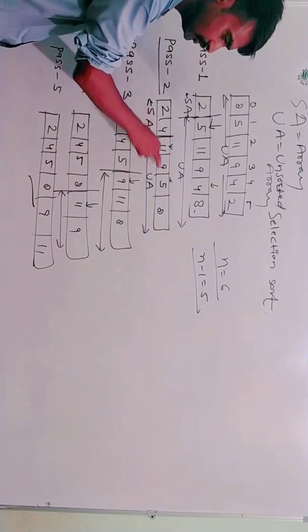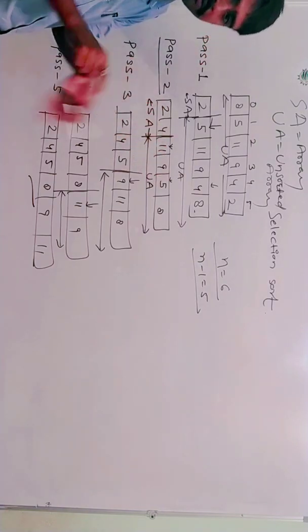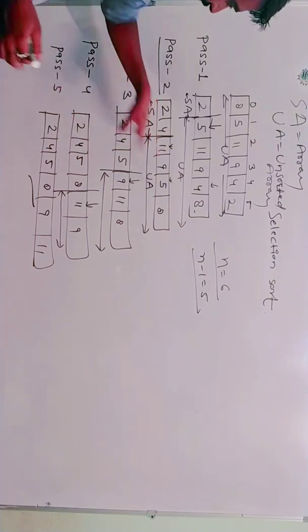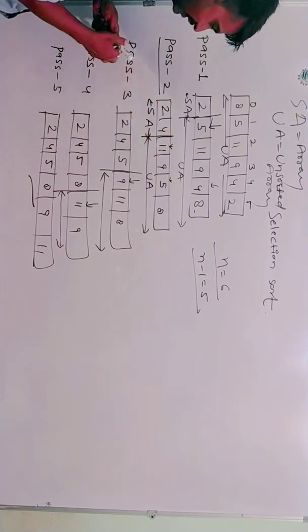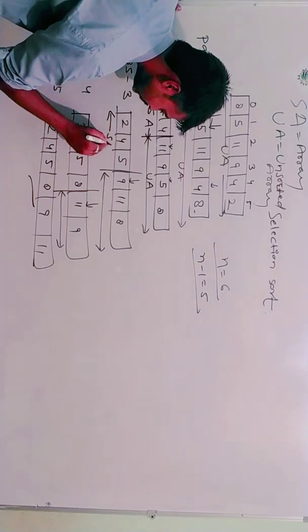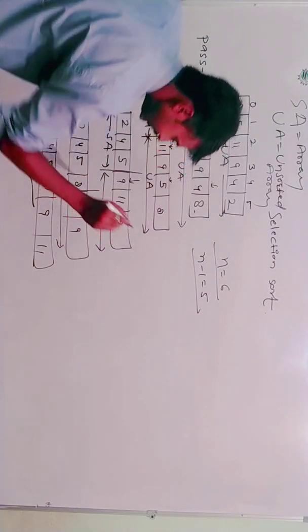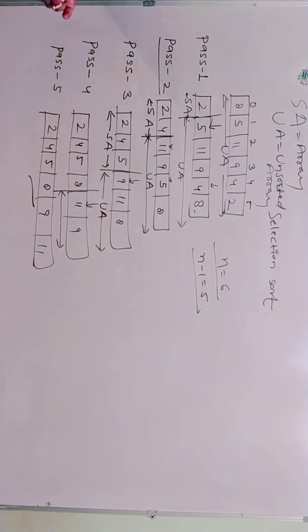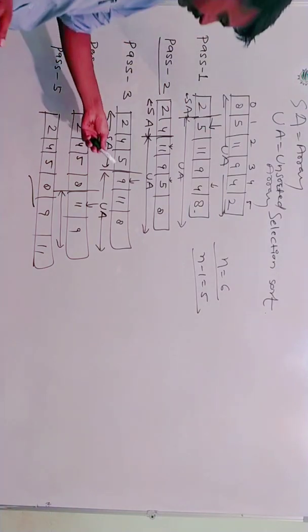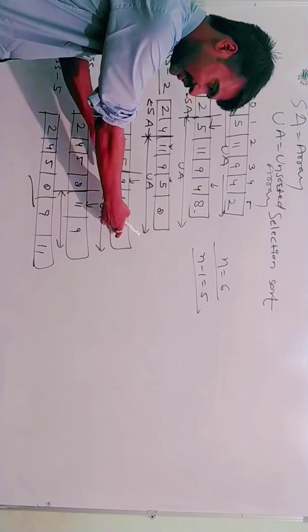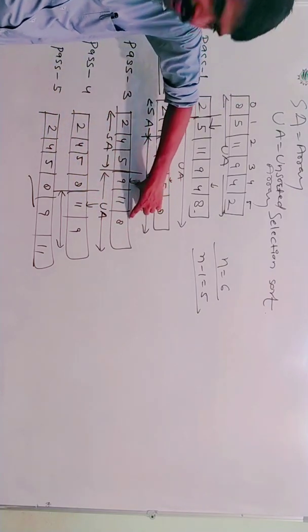It is 11. So 5 will be swapped with 11. So after pass 3, this becomes our sorted array and this becomes our unsorted array. Again, in pass 4, we have to find the smallest element from this array.